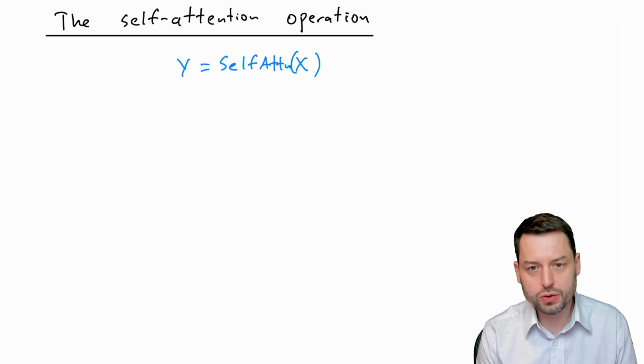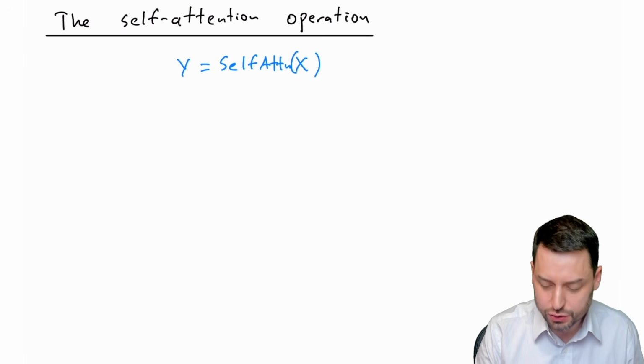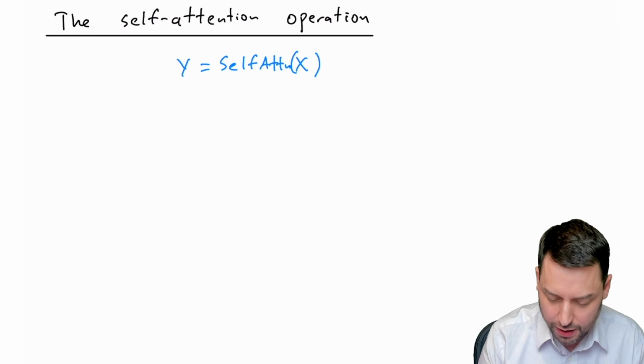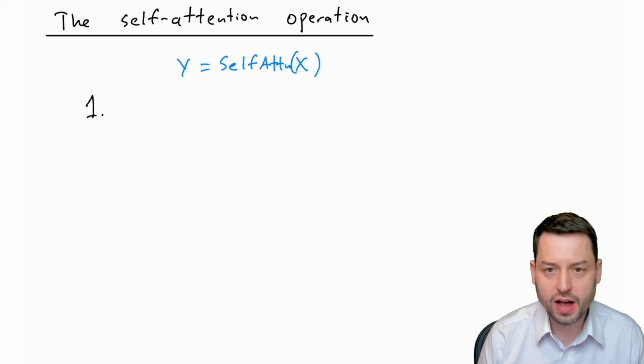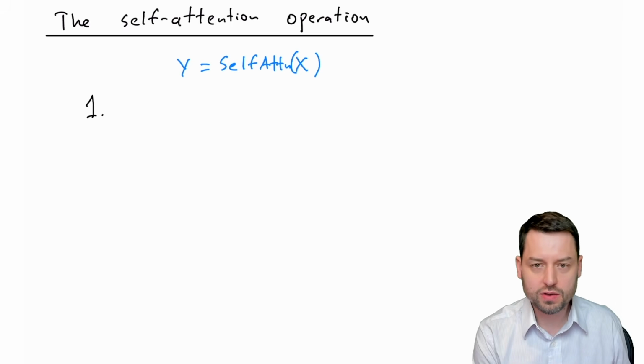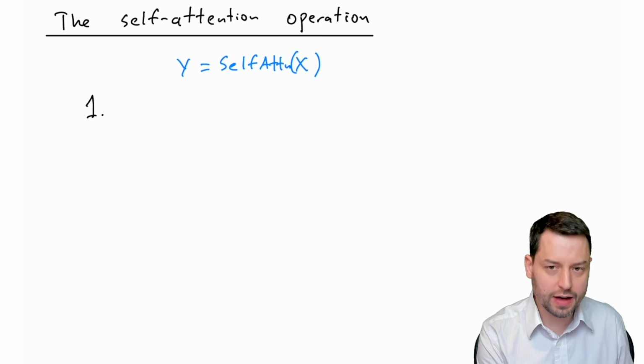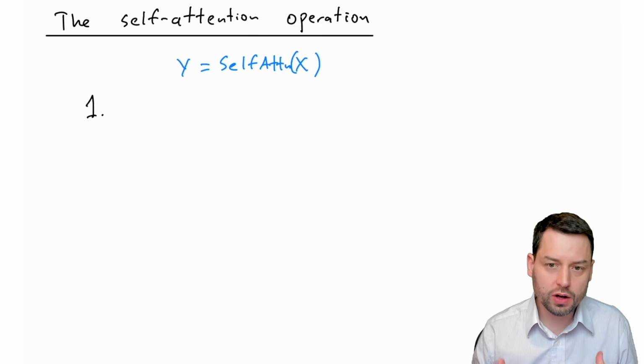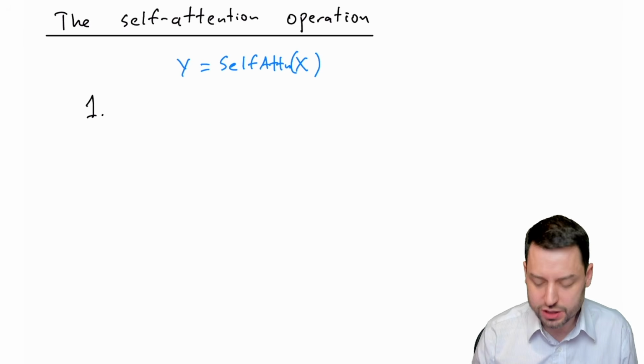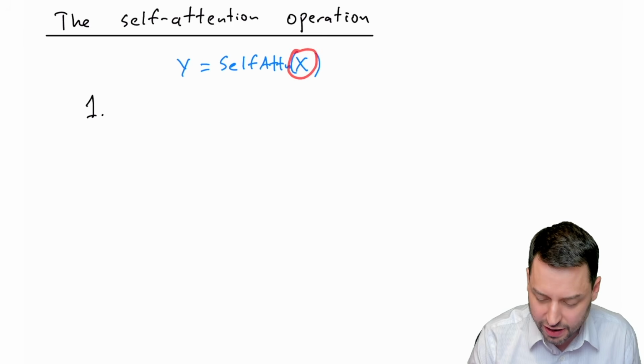What I'm going to do is define self-attention in two steps. The first thing I'm going to do is define three matrices, which we're going to refer to as queries, keys, and values. These are all just going to be linear operations applied to this matrix X.